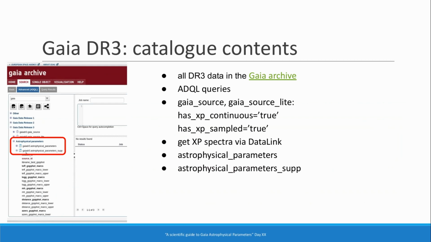If you open the lower one, you will see what columns are available in the Gaia archive. For instance, you will see something like logg_gspphot_marcs. And this is essentially what we are going to talk about. These are the places where you can find astrophysical parameters, in particular the GSP-Phot results.